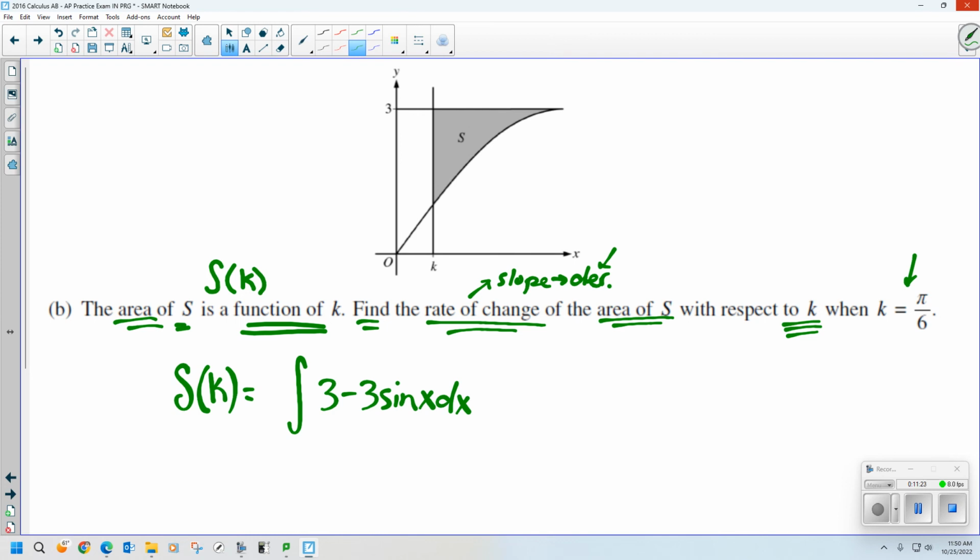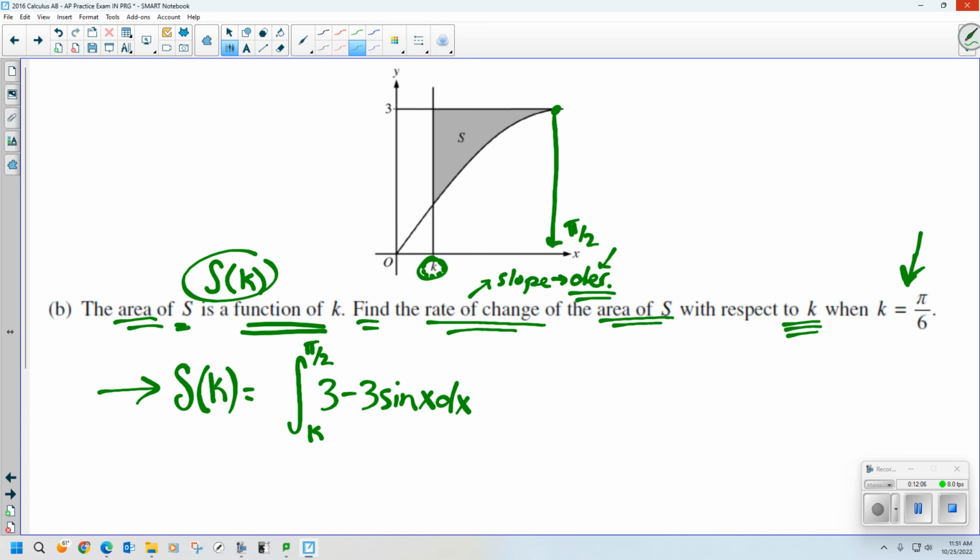So whenever we're finding derivatives, we find the derivative first, then we find it at this time. So right now, we had said earlier, this intersects at pi over 2. And K was less than that. So what do we got? From K to pi over 2. We're not going to throw in pi over 6 for K yet. Okay? Right now, all we did is establish this function. That's the area under the curve from K to pi over 2.